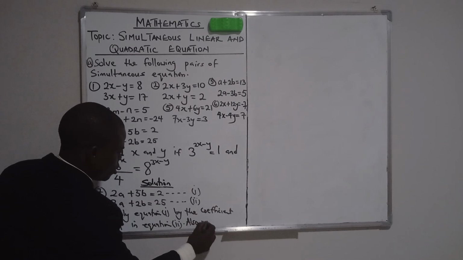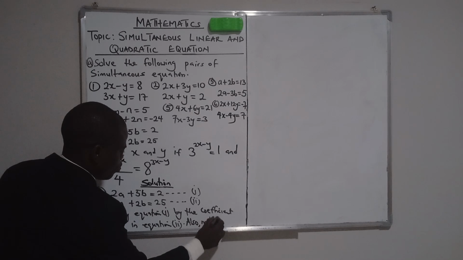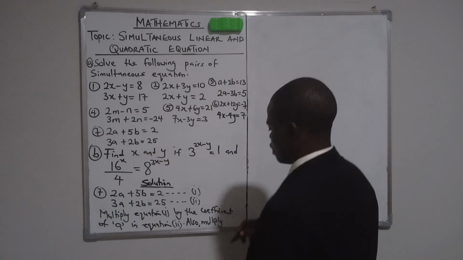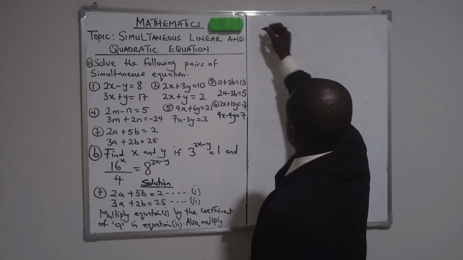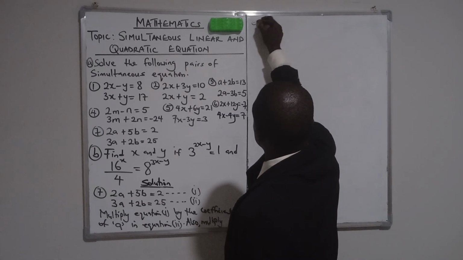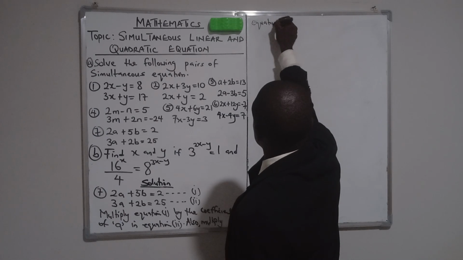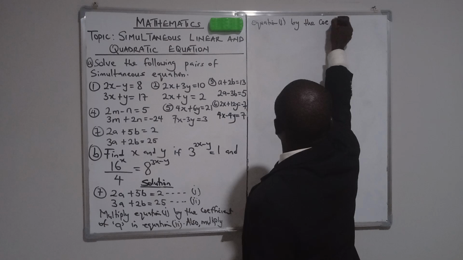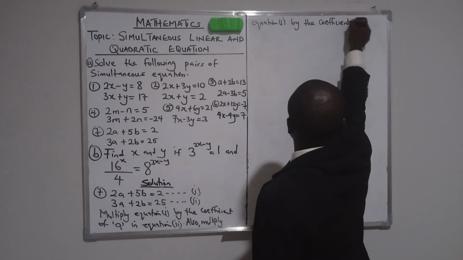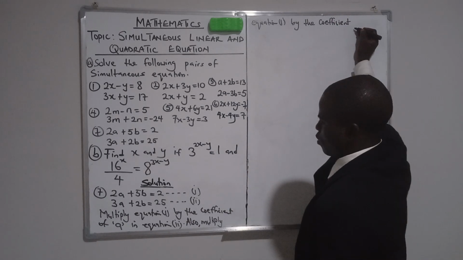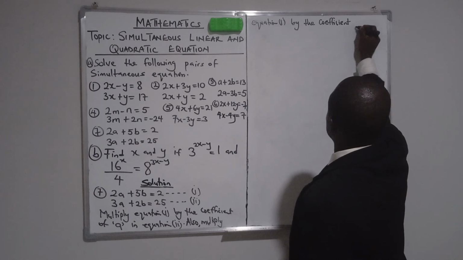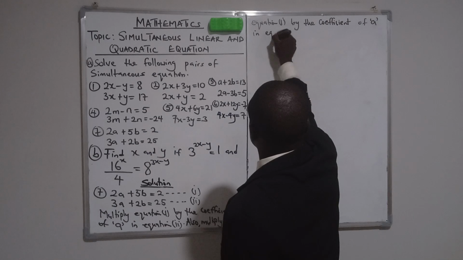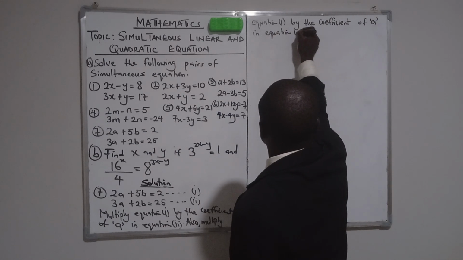Also multiply equation 2 by the coefficient of a in equation 1.